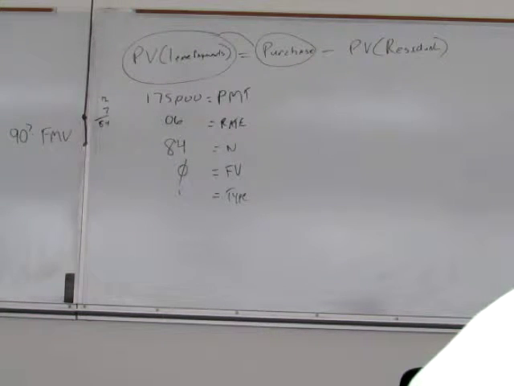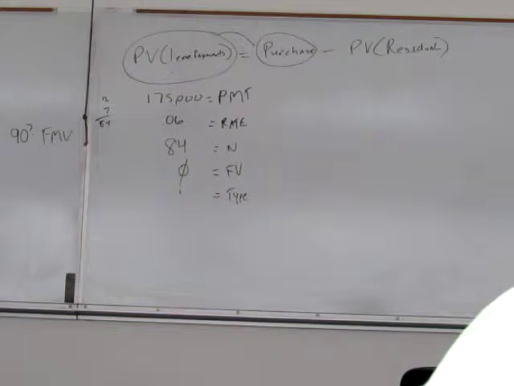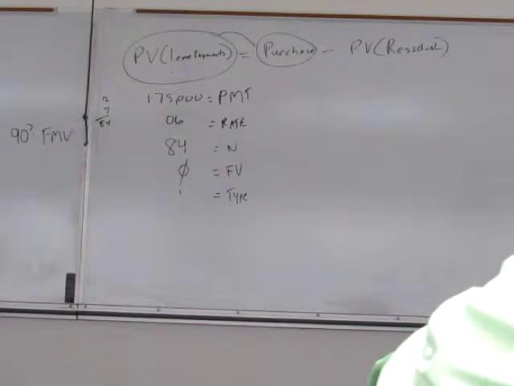And we're going to compare that against what? Fair market value, right? So present value. And we'll do that here. Rate is 0.06 divided by 12, right? Monthly payments.